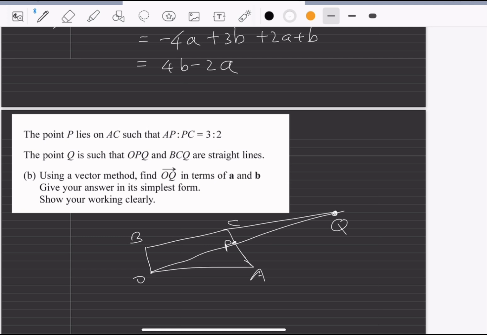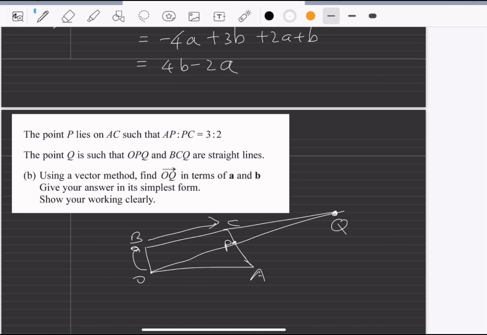So what we need to find is, we know that OQ is a multiple of OP, and OQ can also be given from O to B and B to C, because it is a multiple of BC.